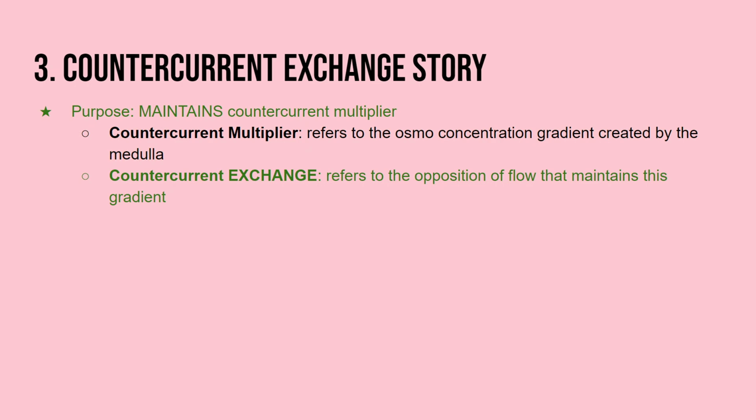So again, there's a definition for countercurrent multiplier referring to the osmoconcentration gradient. Countercurrent exchange now is referring to the opposition of flow that maintains the gradient. So this one can be a little confusing, so we're going to draw it to explain it.